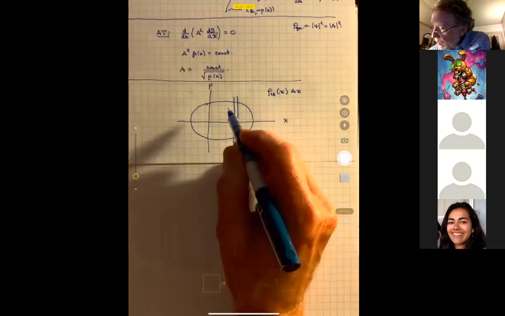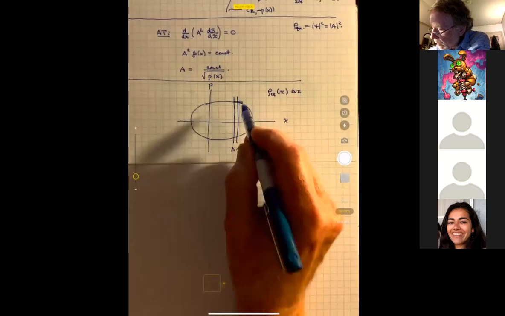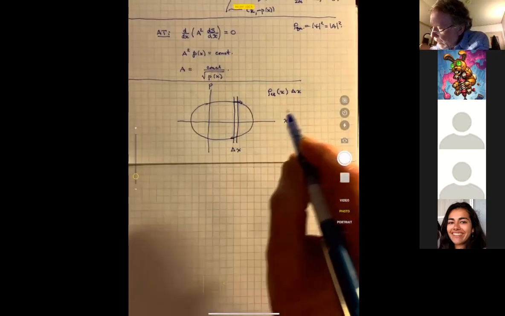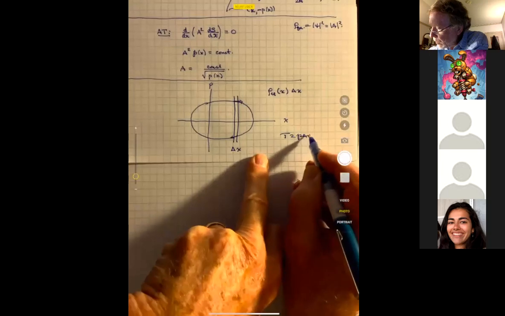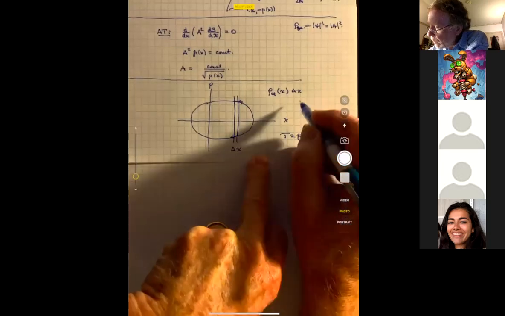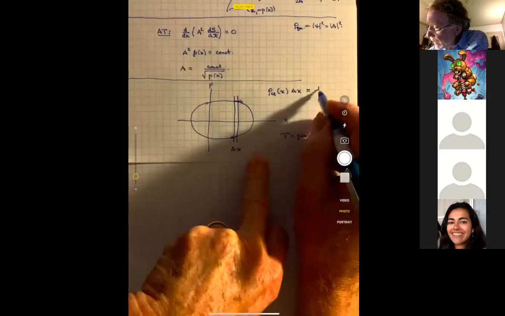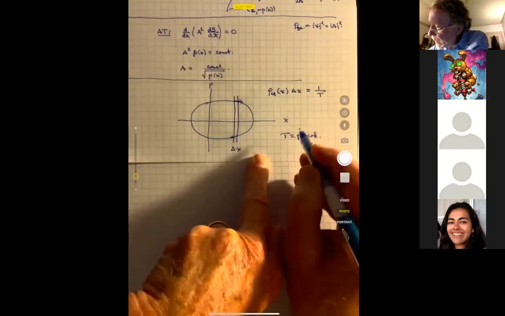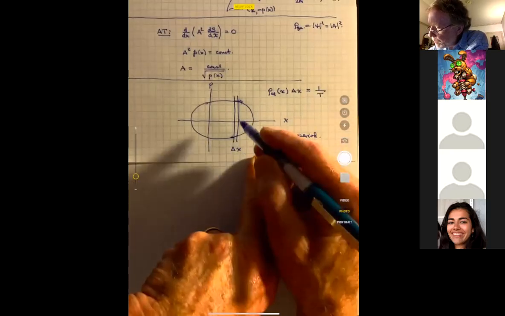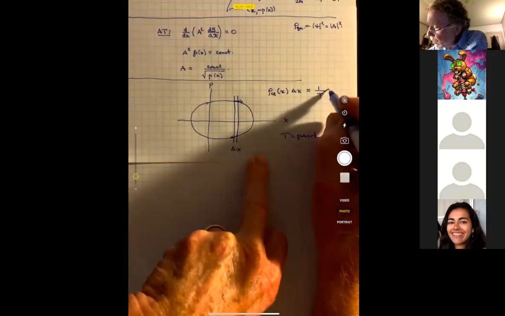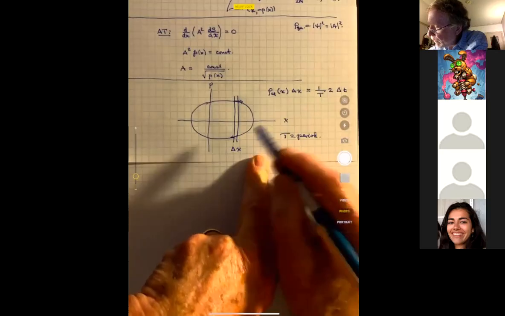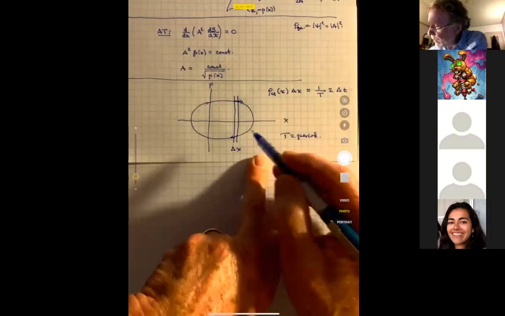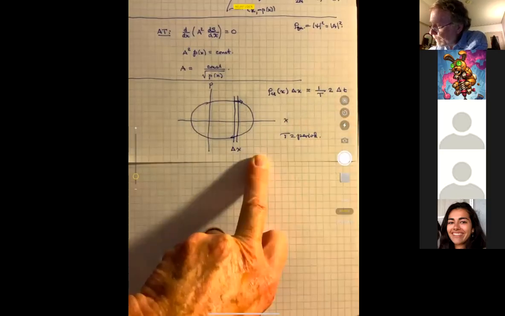Well, the particle passes through that interval twice, once going to the right and once going to the left. Let capital T be the period of the classical orbit. Now, this is all classical here. So this is supposed to be the fraction of time. So it's 1 over T multiplied times the amount of time that the particle spends in the interval. Well, that's 2 delta t. If I count delta t as the time it takes to cross this interval, we have a factor of 2 because it crosses it twice. So that's what this is.